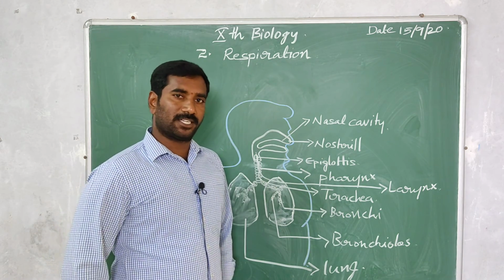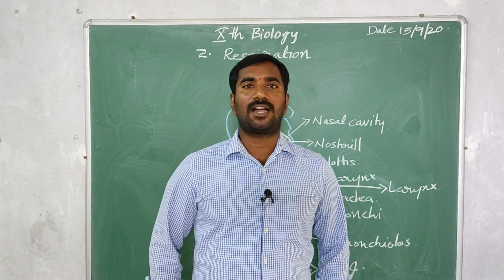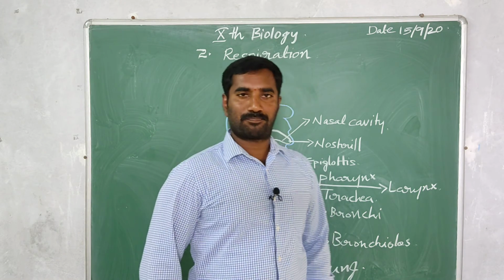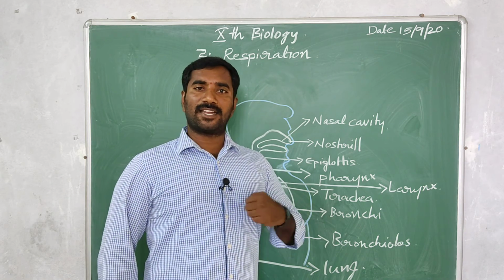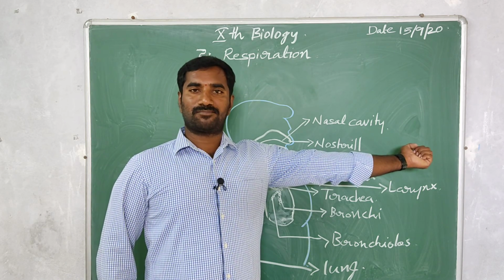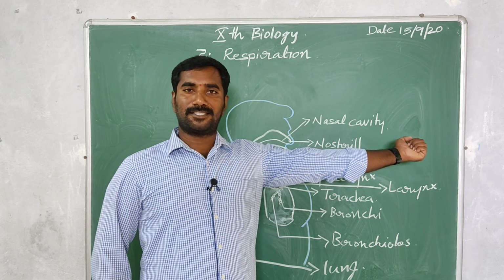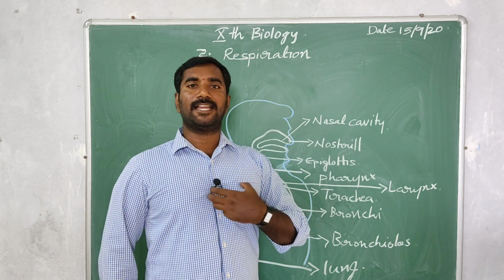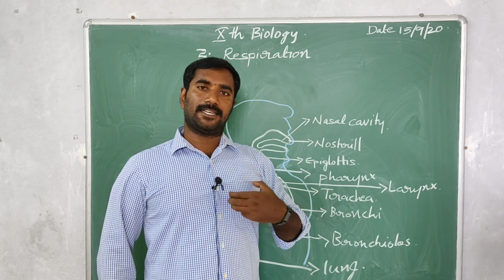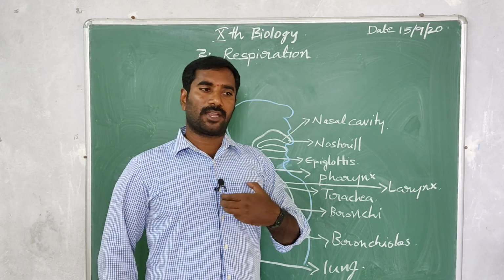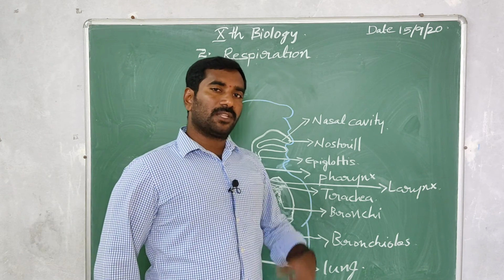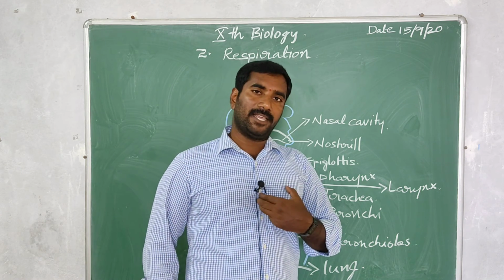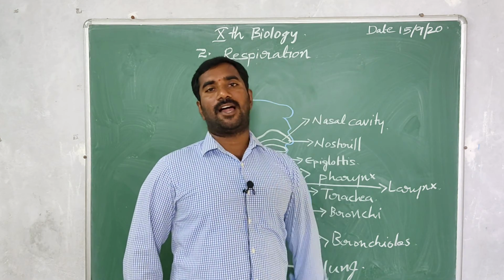Here we have to know where the heart is located in your body. Generally we can say the heart is located on the left side of the body, slightly towards the left side of the lung. So the left side of the body gives some space for the heart.